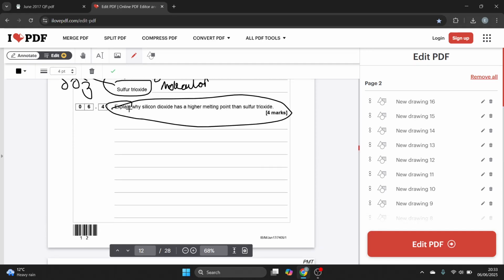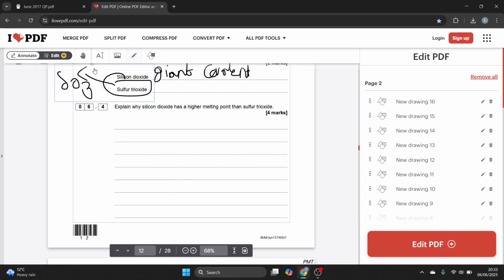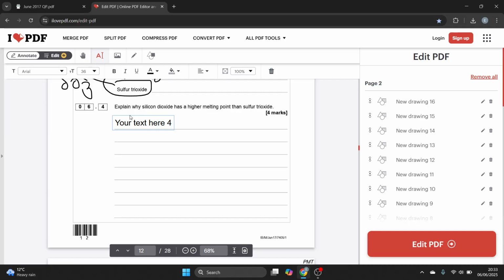Beautiful question now, question 6.4. Beautiful because it is a beautiful question, easy 4 marks. So covalent bonds between atoms in silicon dioxide, van der Waals between molecules in sulfur trioxide.